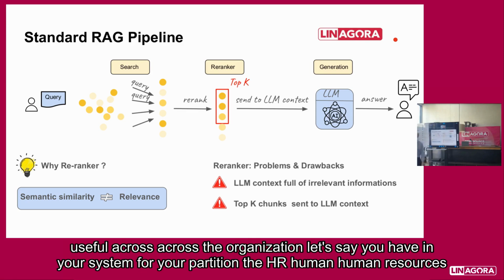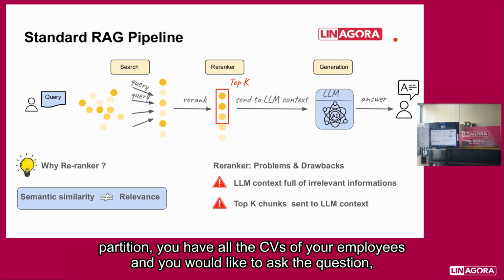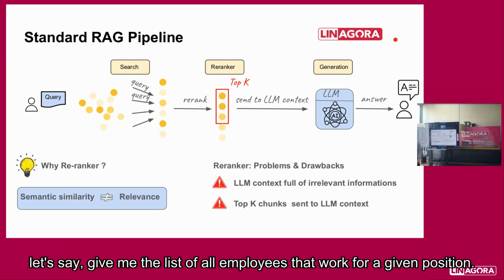Let's say you have in your system the HR, human resources, partition. You have all the CVs of your employees, and you would like to ask the question, let's say, give me the list of all employees that work for a given position.